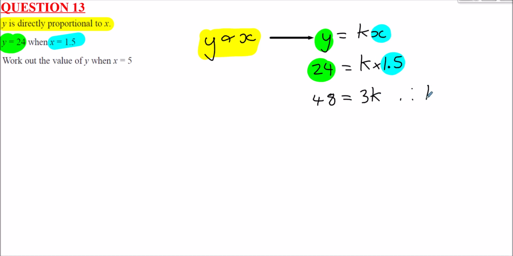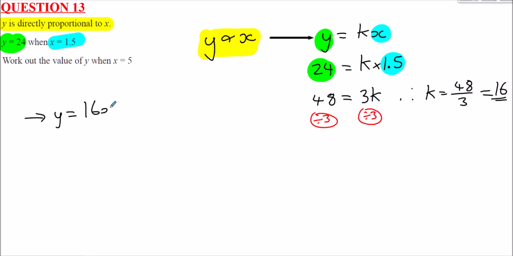Therefore, to get k on its own, I can divide both sides of this equation by 3. So k will be 48 divided by 3, which I'm hoping you'll find is actually 16. So y equals k, which is 16, multiplied by x.